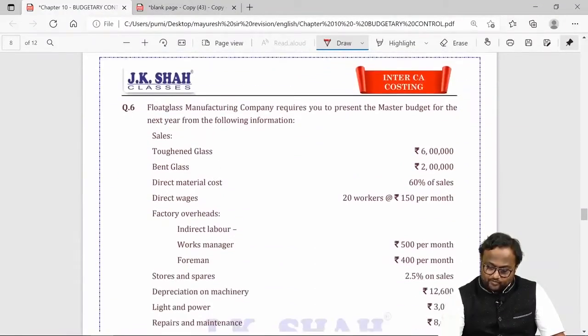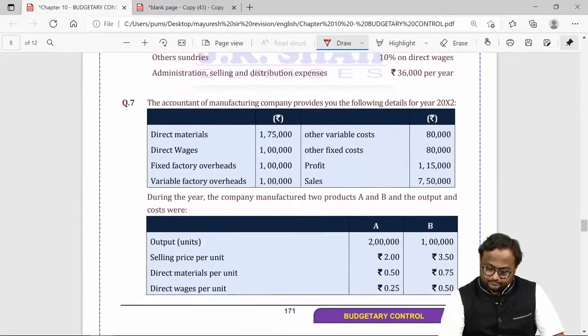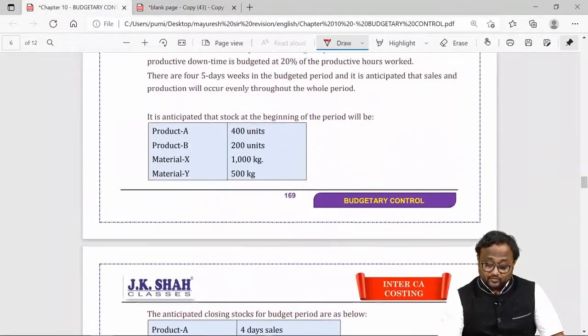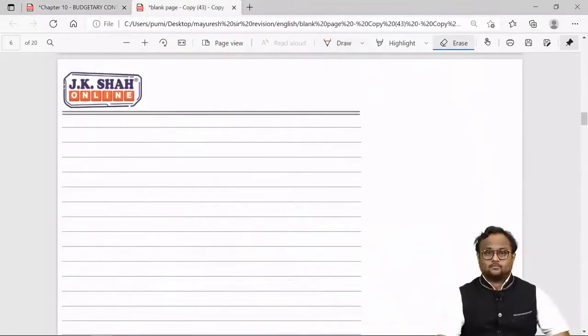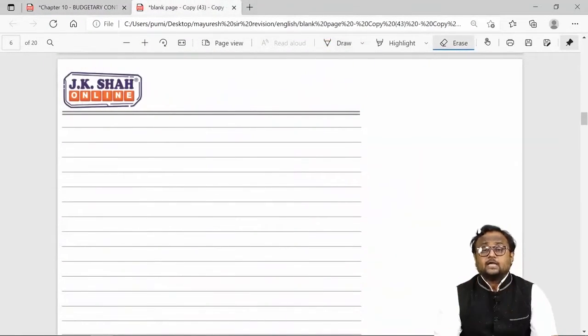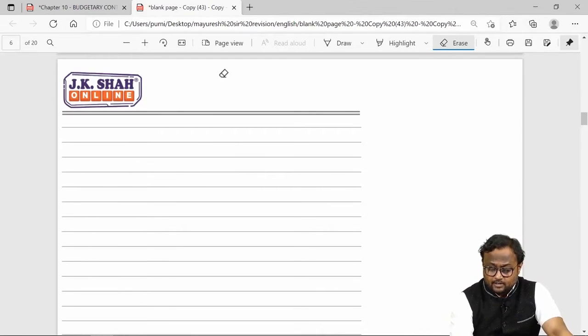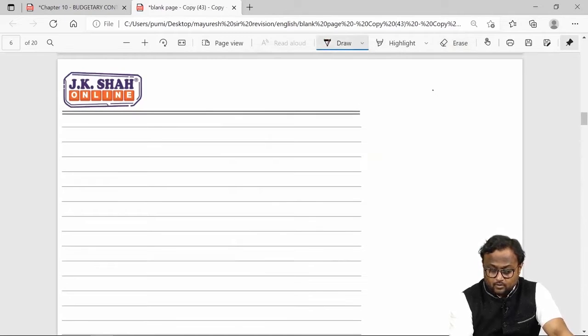Now, let's talk about functional budget, which is a very important part of this topic. The second category of questions which are generally asked in this topic are related to functional budgets.